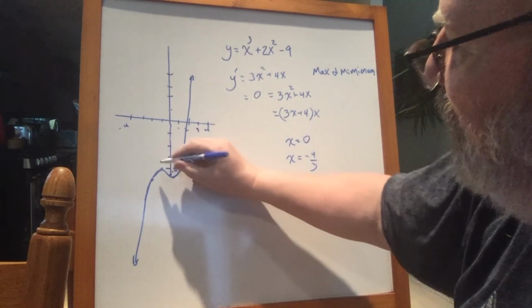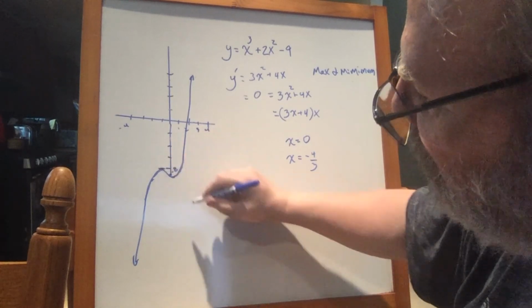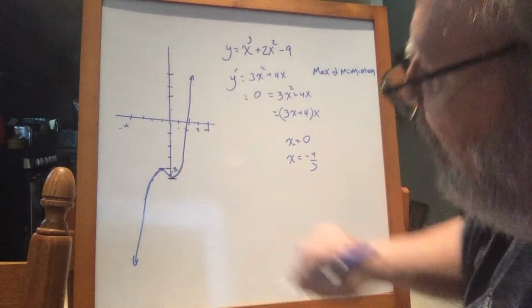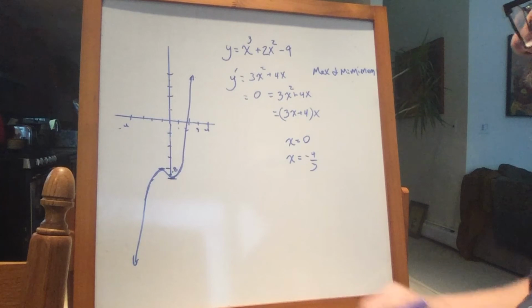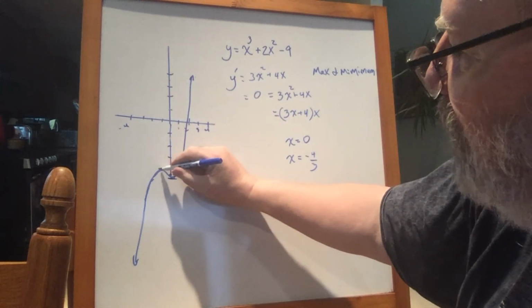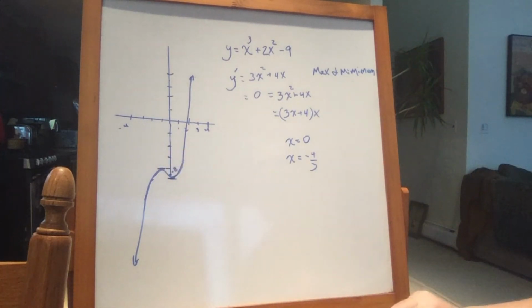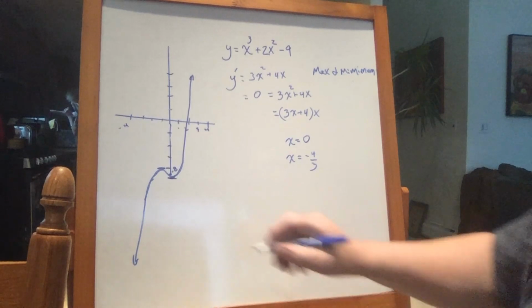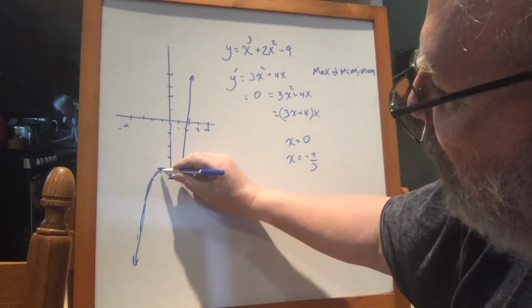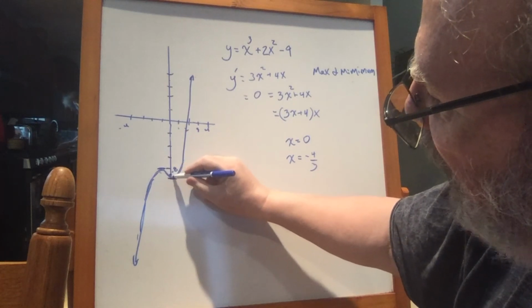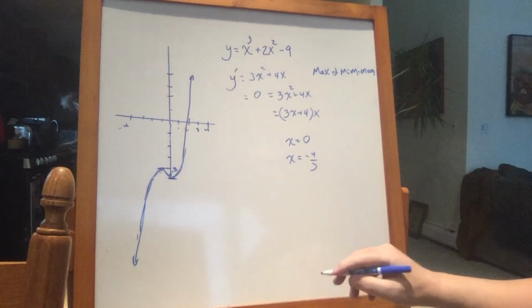Okay, so these are the local maximum and the local minimum right there. So at x equals 0, we got a local minimum, and at x equals minus 4/3, we have a local maximum before the curve takes a turn down and then back up again.